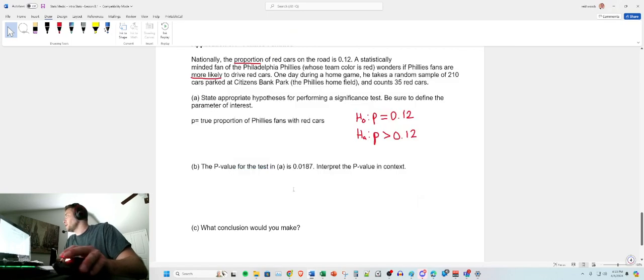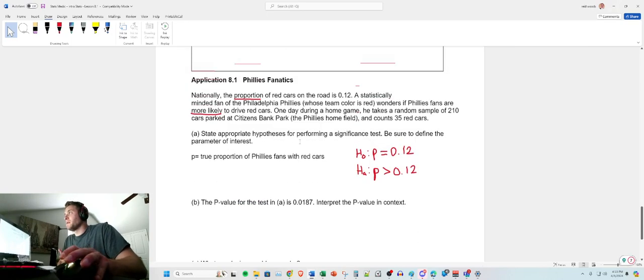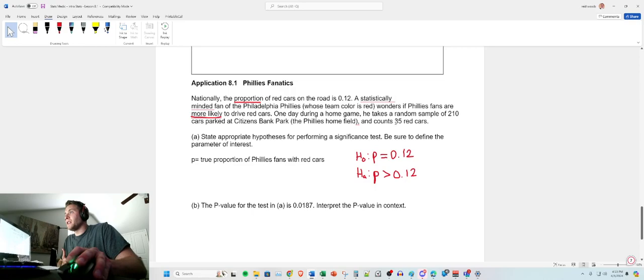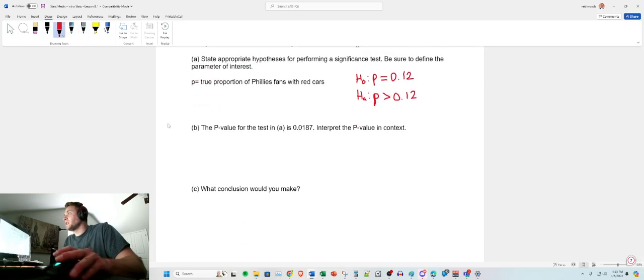Well, I'm interested, what did we actually observe? What did he get? He got 35 out of the 210 red cars. Let's write that. So p hat is equal to 35 out of 210.